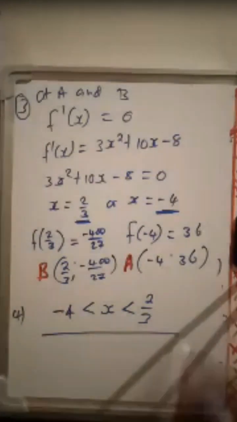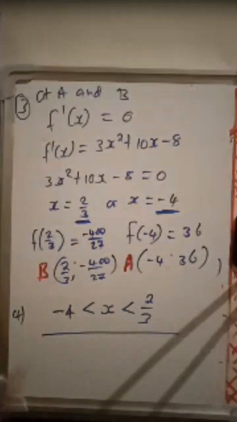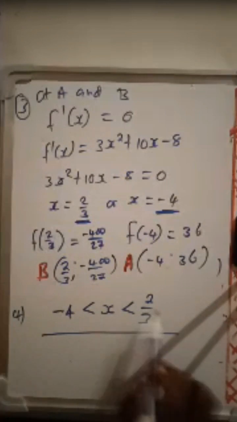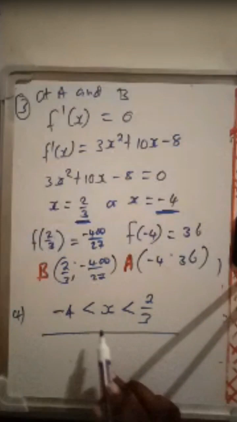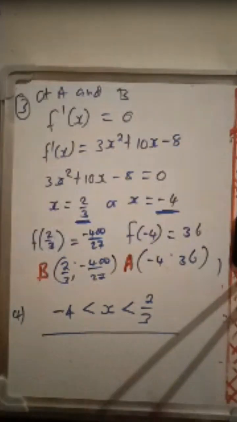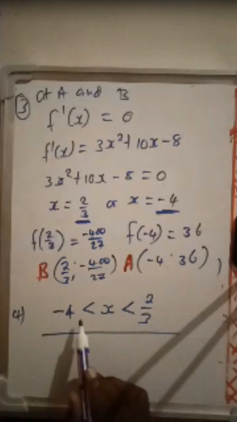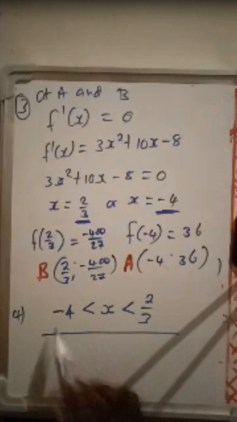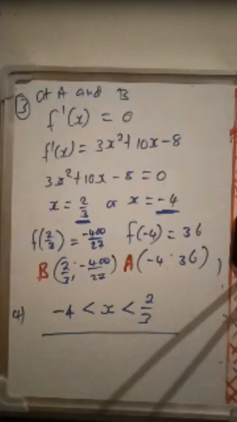Indicate the 2 values at the ends, put x in between, then always the sign is less than. So x is greater than negative 4 but less than 2 over 3. That is the region where it is decreasing.